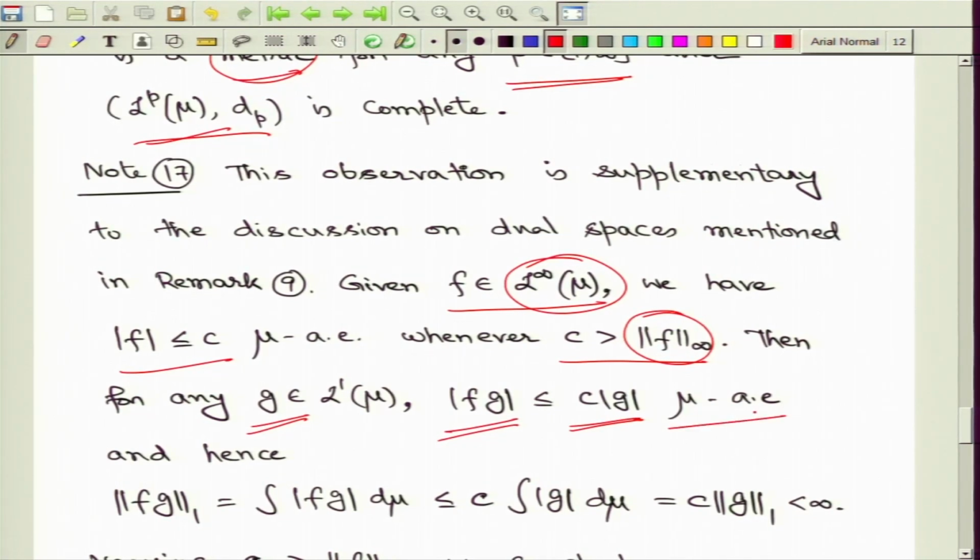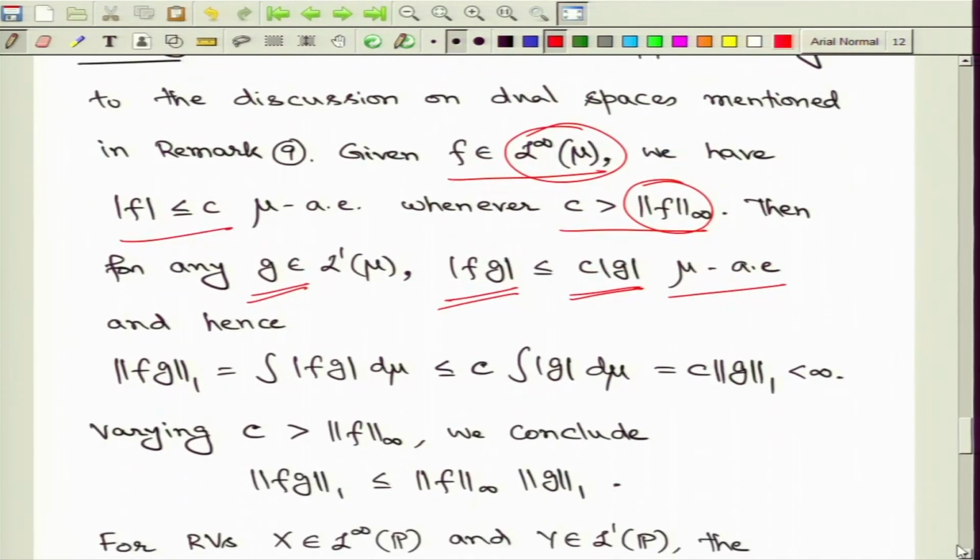This happens almost everywhere, and therefore, we can talk about the integrability of f times g. So, the L 1 norm of f g, which is the integral of mod of f g, can be dominated by this constant times mod g, and that is actually the L 1 norm of g. So, we have that the L 1 norm of f times g is dominated from above by c times the L 1 norm of g, and that is given to be finite.